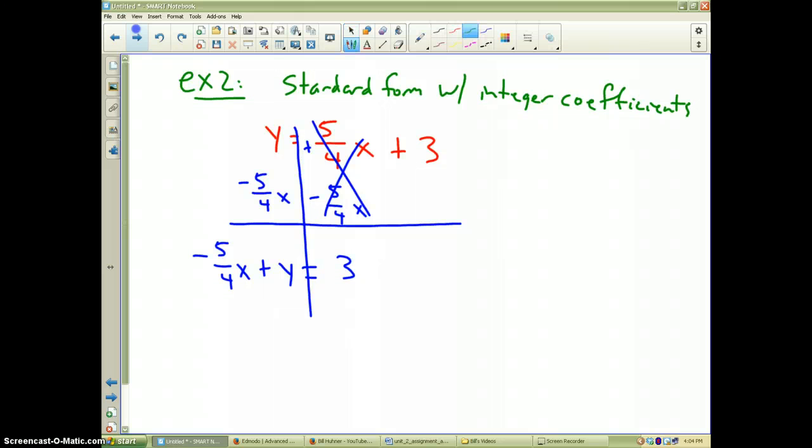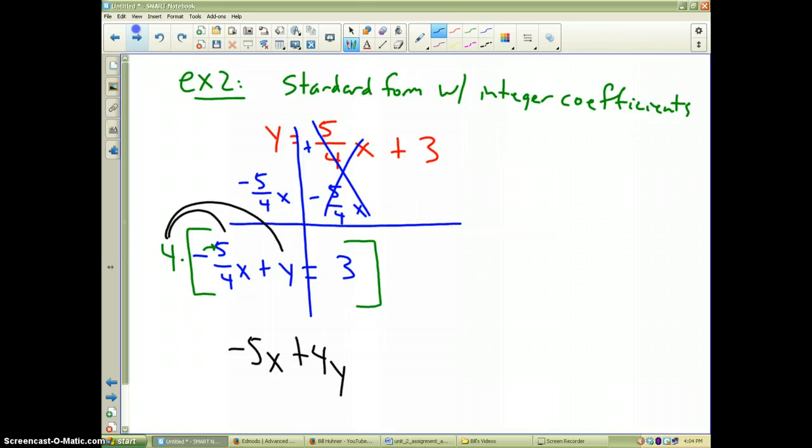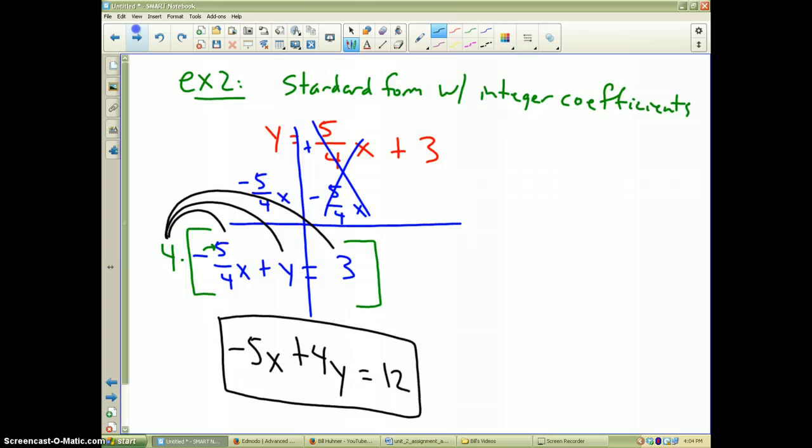At this point, again, as we've talked about in class, this negative sign goes with the 5, so all I need to do is multiply the entire equation by 4. 4 times negative 5/4 x is negative 5x. 4 times positive y is plus 4y. 4 times the answer 3 is plus 12. And that is my equation in standard form with integer coefficients.